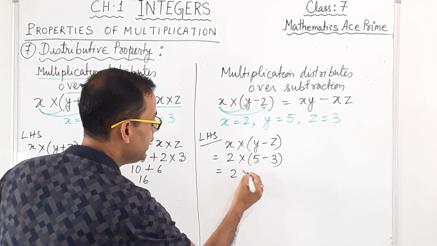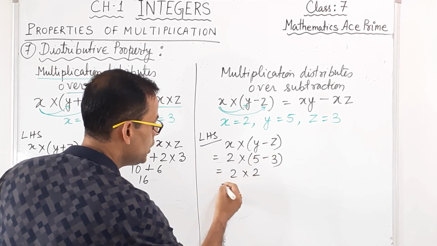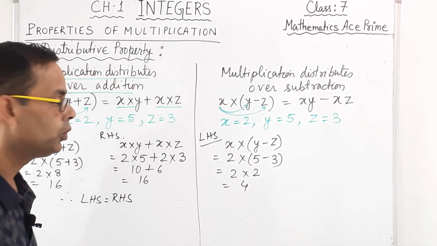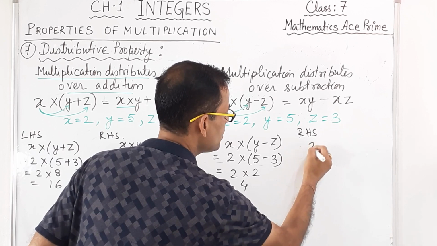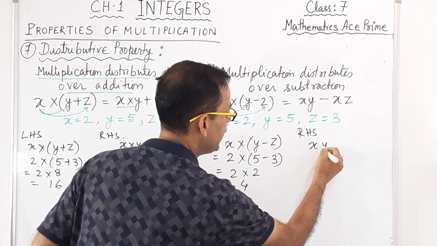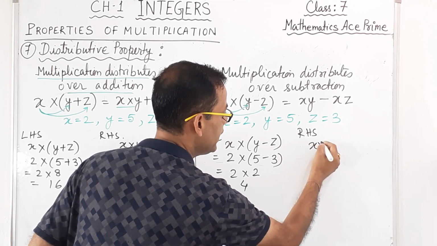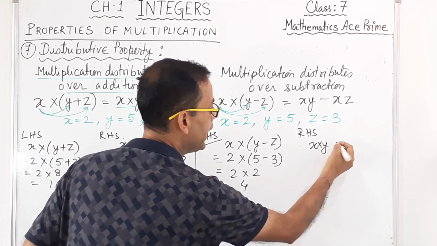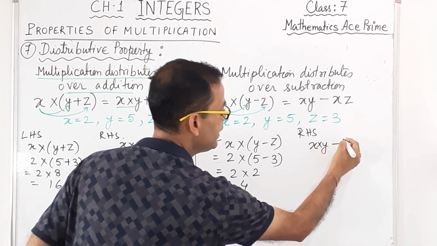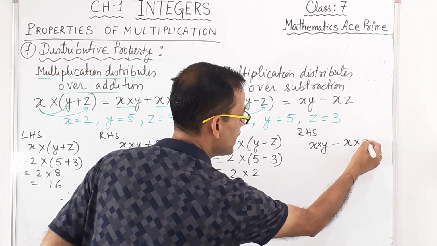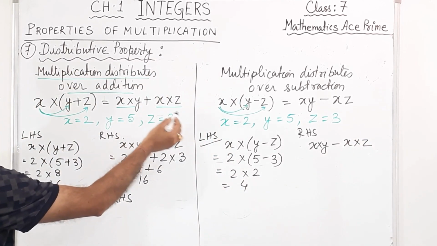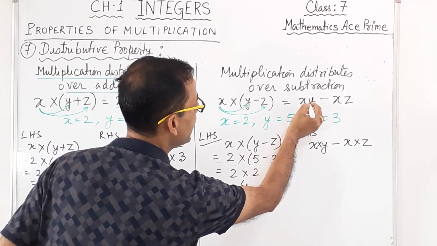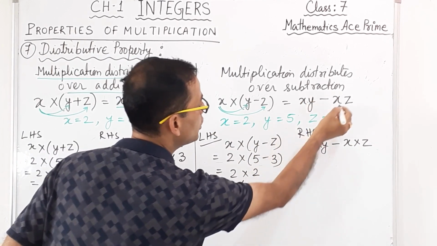So 2 into (5 minus 3), 2. So how much do you get? 4. Now RHS. RHS is xy, or you can write x into y also, minus xz, you can write x into z also. Clear? Here I have written a multiplication sign, here the multiplication sign is not there, which means one dot.